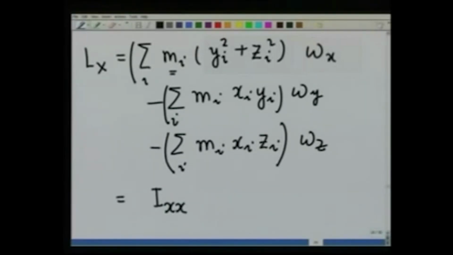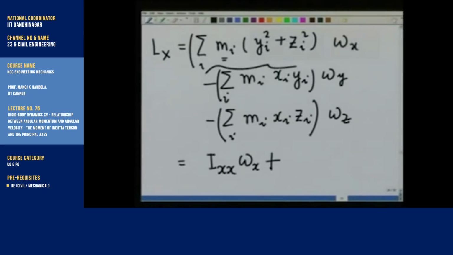Let me write this as Ixx omega x plus, let me identify this term, minus summation mi xi yi. Let me define this as product of inertia Ixy and multiply by omega y, plus the last term I identify as product of inertia Ixz omega z.